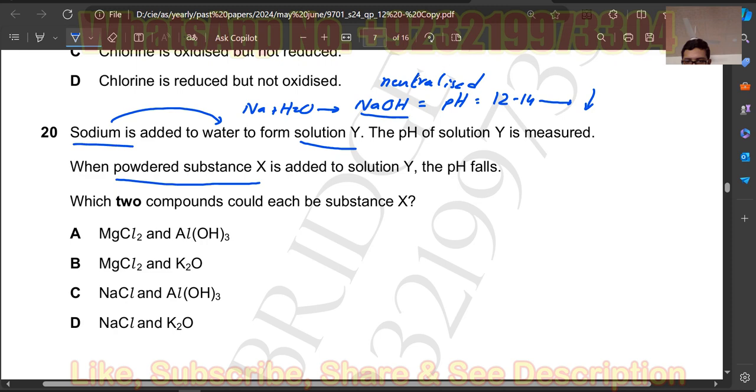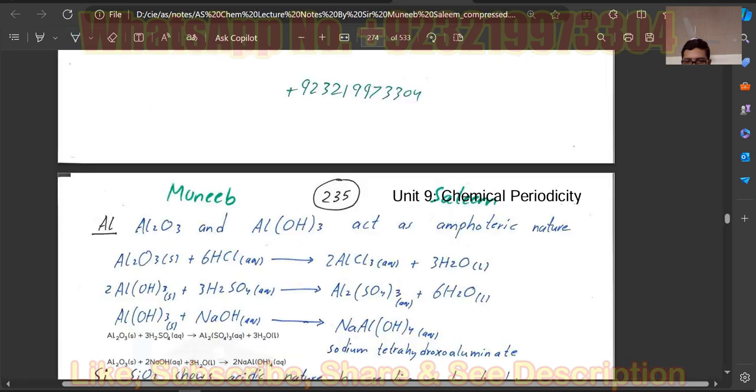So we need to find which compounds have acidic properties, because only acidic compounds can neutralize the sodium hydroxide solution. So here let's check the nature of these compounds.